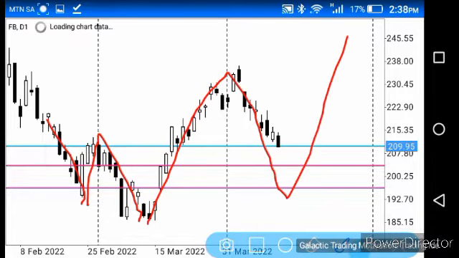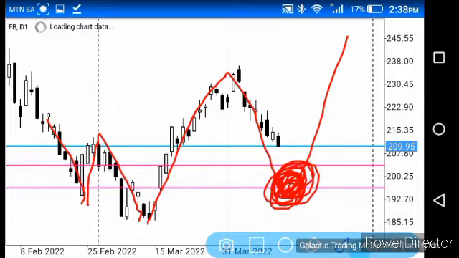This may actually be in line with the bigger structure, the neckline of the bigger W we spoke about on the monthly chart. So I think we should be looking for, at this point, buying opportunities. However, we need more reasons why we should be looking for buying opportunities at this level.